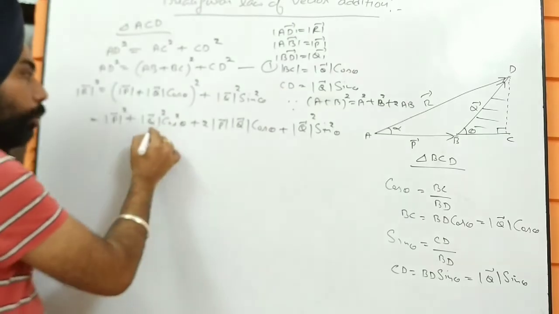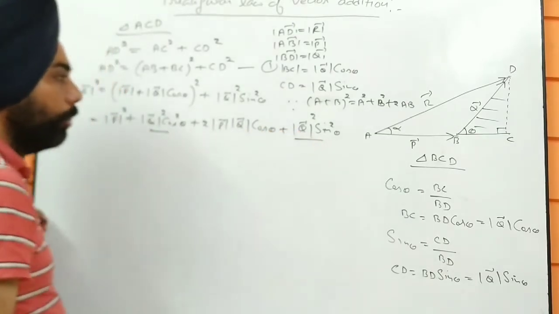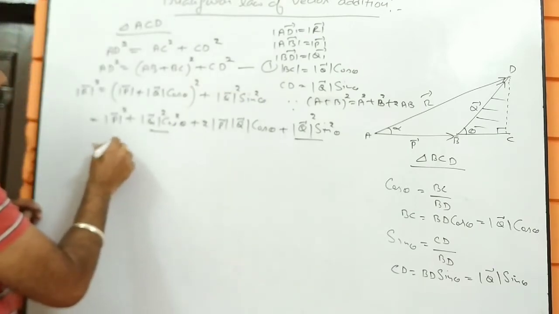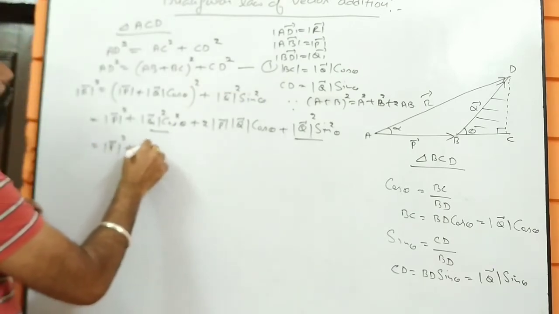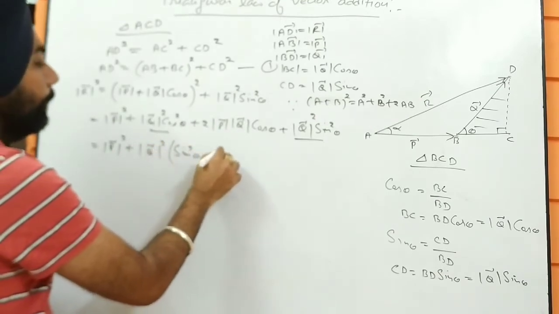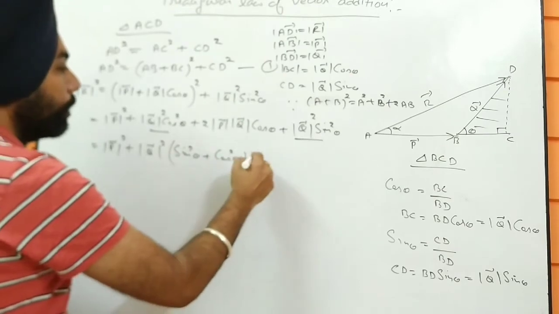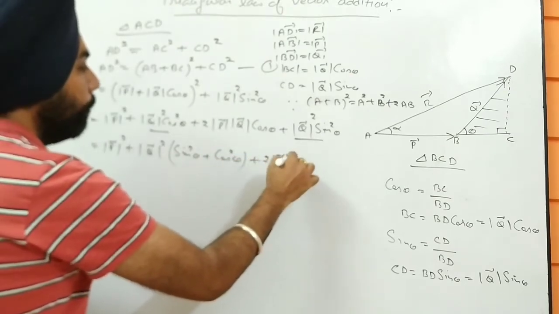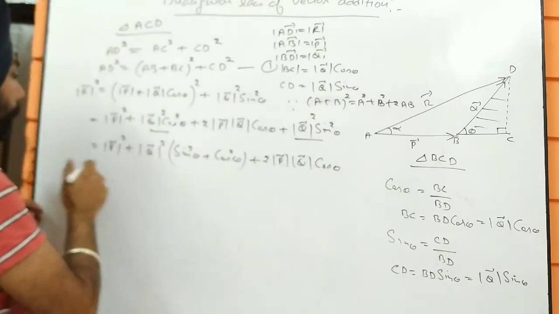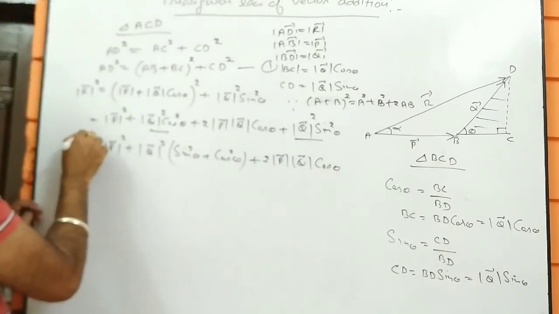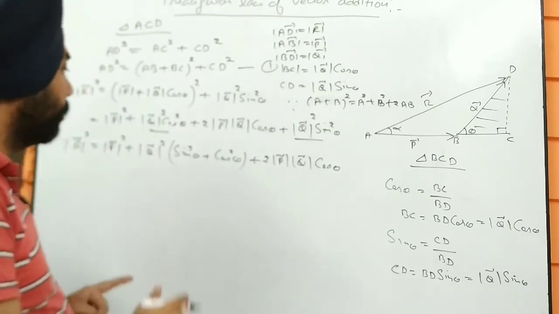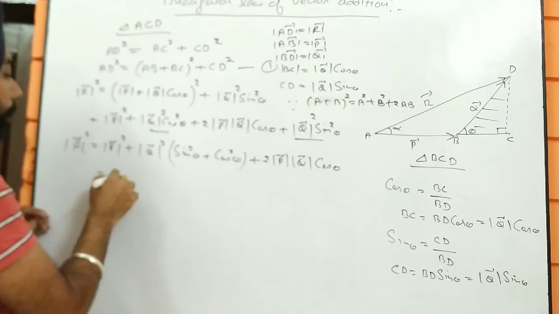Now these two values are having Q square. We are just taking Q square common from here. So which means that is going to be P square plus Q square, in the bracket there is going to be sin square theta plus cos square theta, plus 2PQ cos theta. Everybody knows that sin square theta plus cos square theta is always going to be equal to 1. So we are just putting it 1 here.